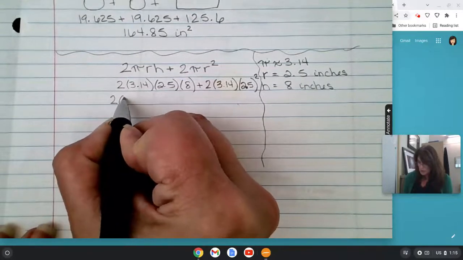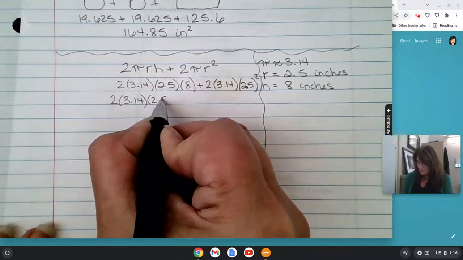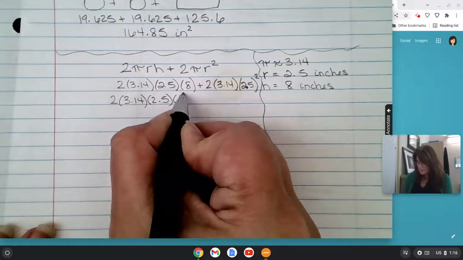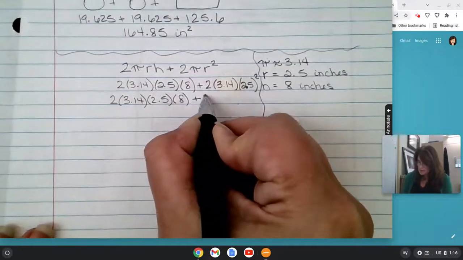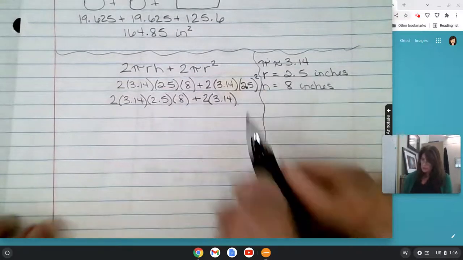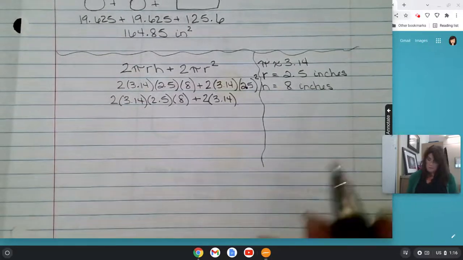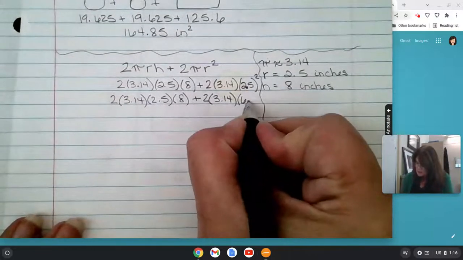So 2, 3.14, 2.5, 8, plus 2, 3.14. Well, what's 2.5 squared? 2.5 times 2.5, 6.25.